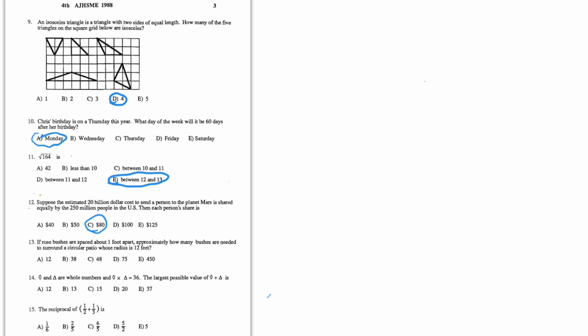Number 13. If rose bushes are spaced about 1 foot apart, approximately how many bushes are needed to surround a circular patio whose radius is 12 feet? We draw a circle. The question, how many bushes are needed to surround a circular patio?